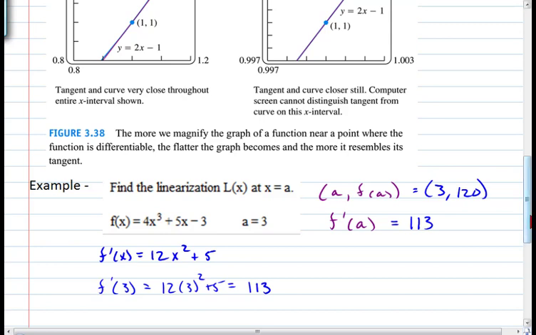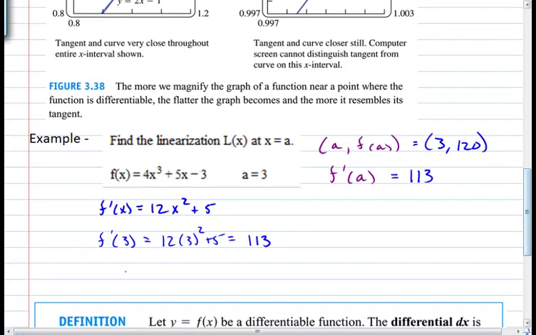Okay. So the linearization then is going to be the formula L of x equals, it was the f of a plus the slope evaluated at that point times x minus 3.